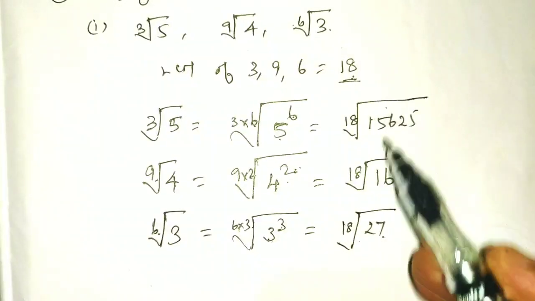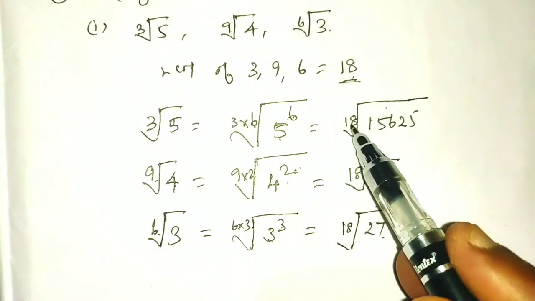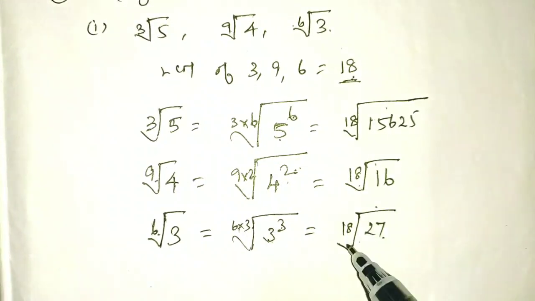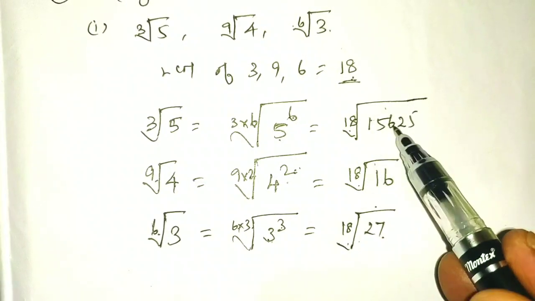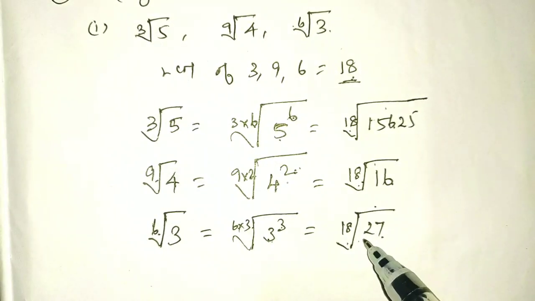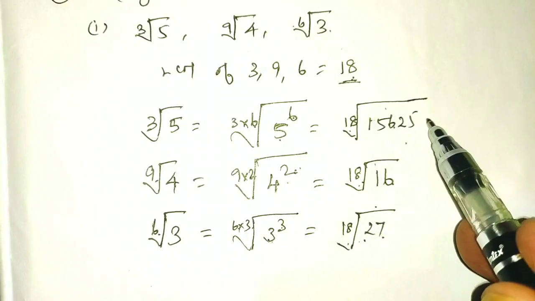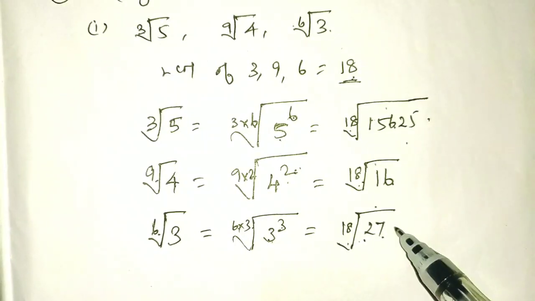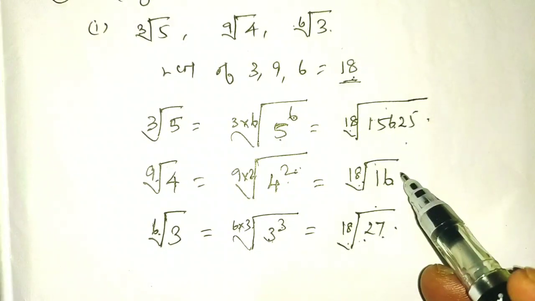Now look at the 3 sets. All are having same order. 18th root of 15625, 18th root of 16, 18th root of 27. This is the greatest number, this is the next greatest, and this is the last one.